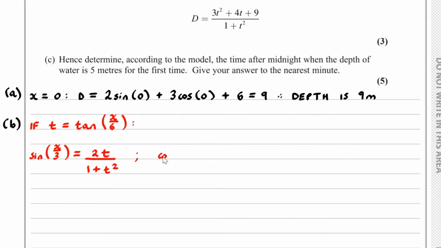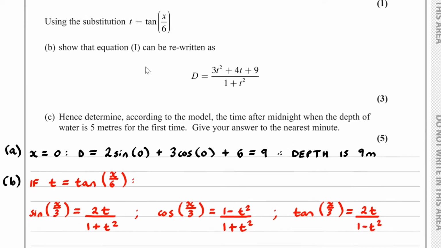cos of x upon 3 is equal to 1 minus t squared over 1 plus t squared, and tan of x upon 3 is equal to 2t divided by 1 minus t squared.